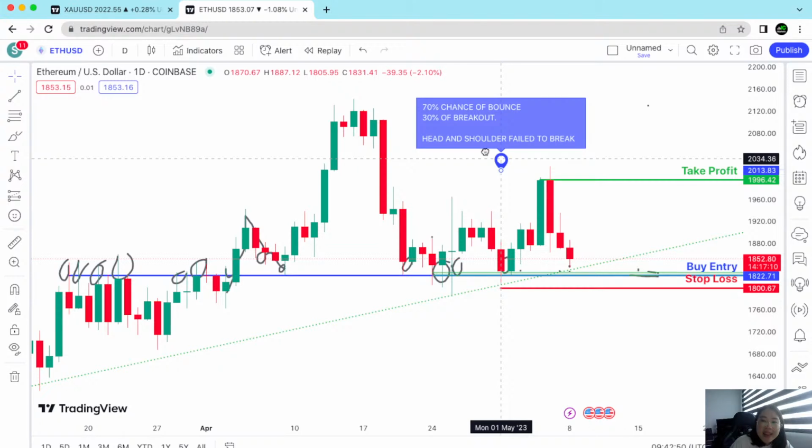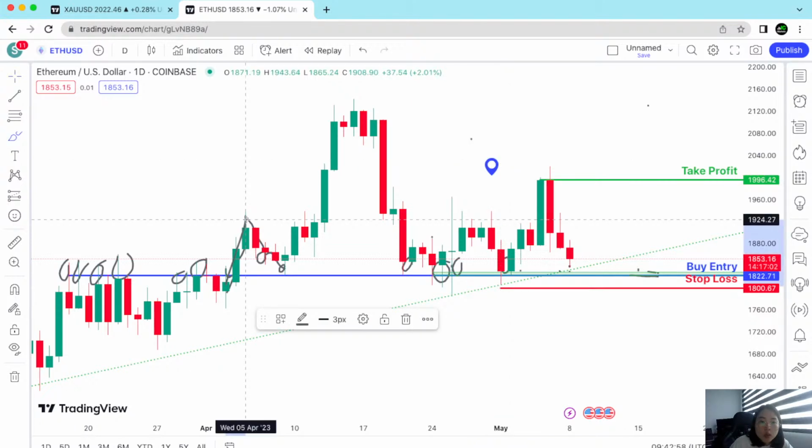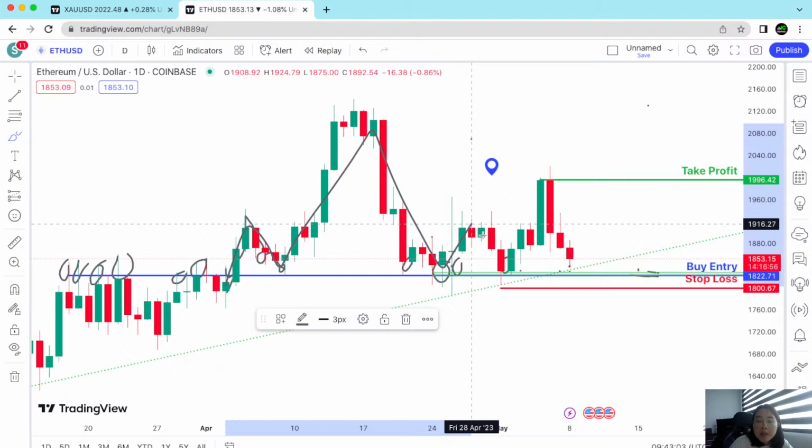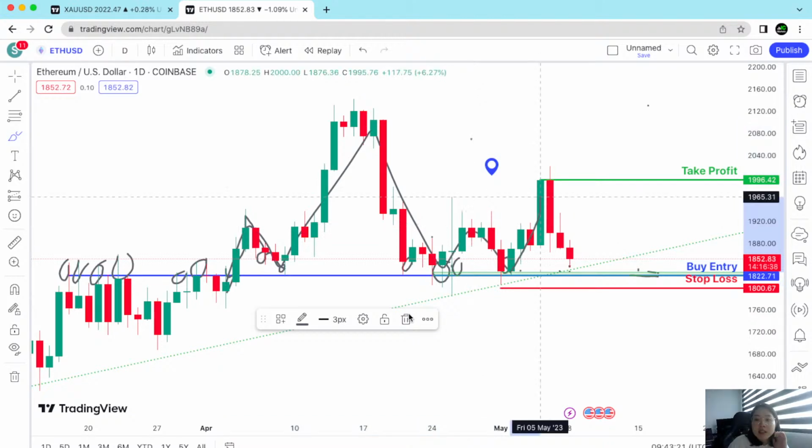There is a head and shoulder: this is a shoulder, this is the head, this is the shoulder. The thing about a head and shoulder is that it needs to break the neckline for the pattern to be valid. But in this case, do you see how Ethereum didn't break the neckline? Instead, it bounced. So immediately my confidence level that price is going to bounce has increased.